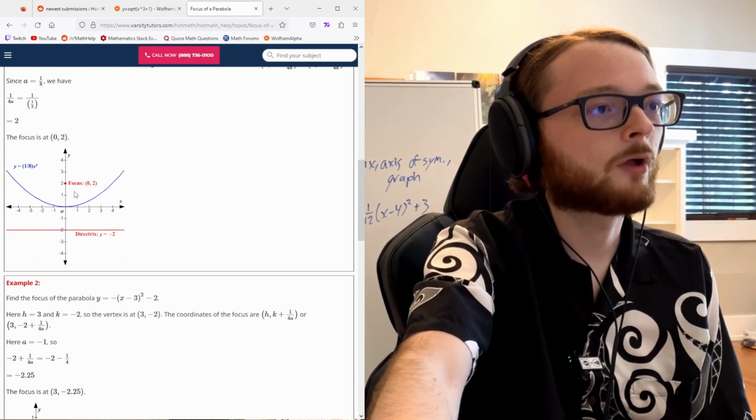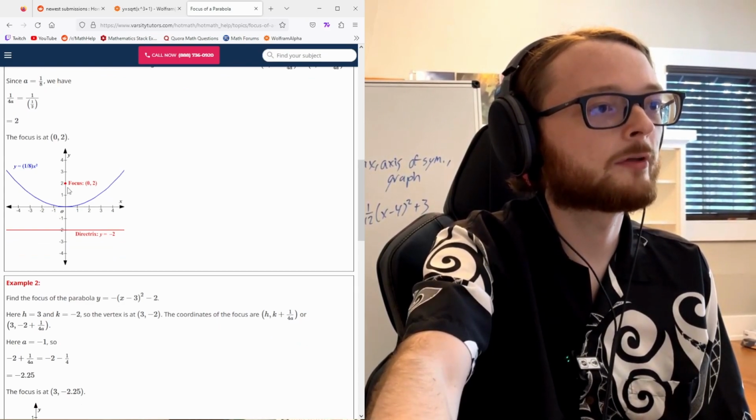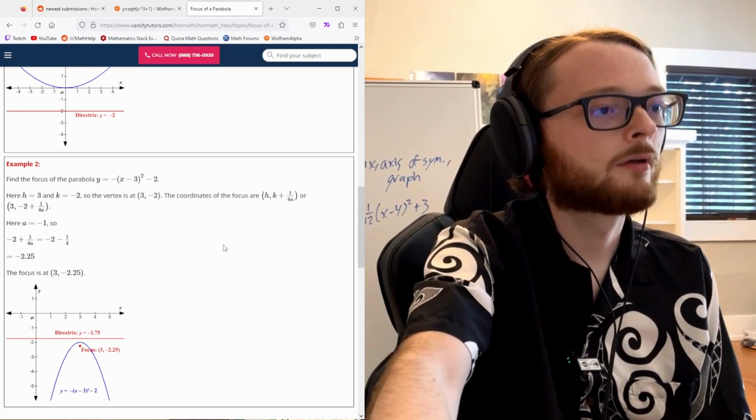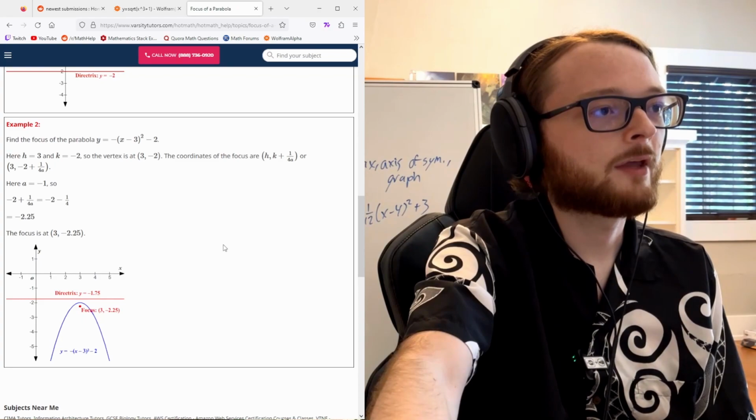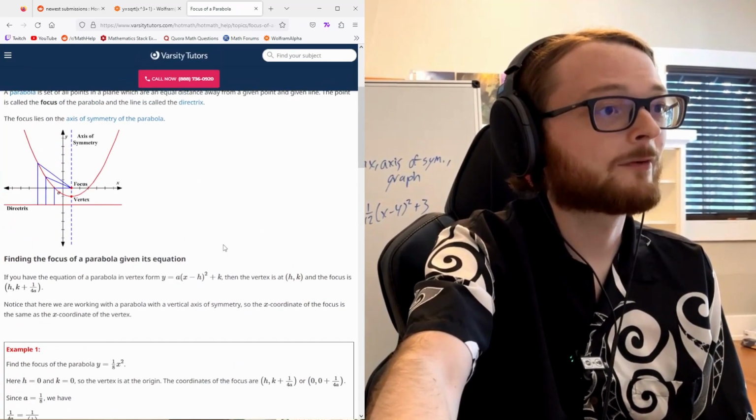Maybe not necessarily the negative coordinate, but the reflected y coordinate. I think it is. This site doesn't explain that for some reason.